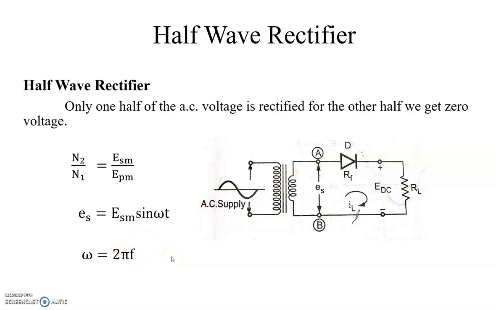So the transformer decides the peak value of the secondary. The relationship between number of turns in terms of voltage is N2 by N1 equals ESM by EPM.